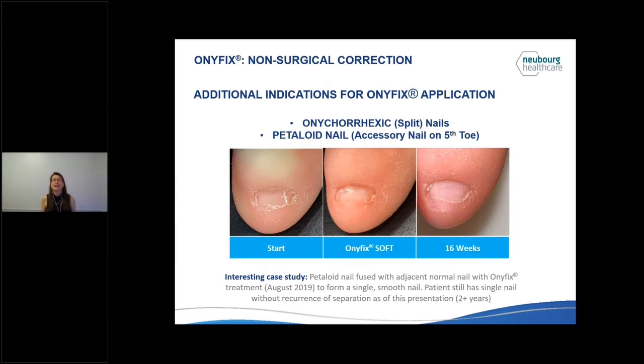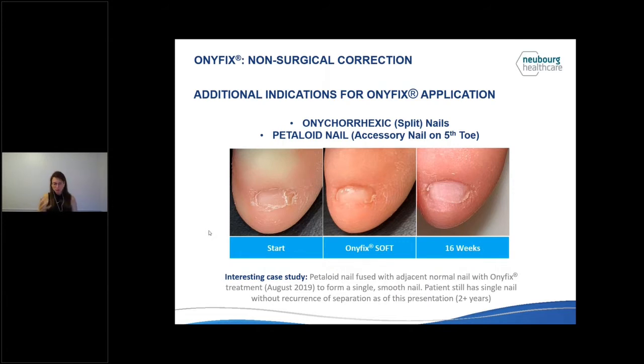And classically, we've basically just told patients, you've got to just surgically remove that little annoying piece of appendage fifth or sixth nail, really. But there's no need to do that if they want to at least try Onyfix. And in this case, we would recommend the Soft, and do a whole nail application. It's like little baby nails. You're never going to get the Hard on properly. A single layer is absolutely fine. Same thing.